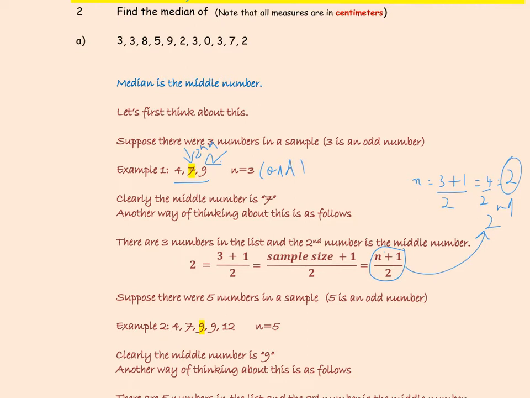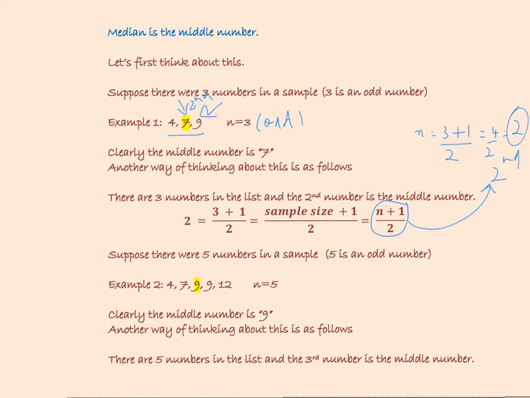Now let's see if the same logic works for the next example. Here we have an example of a data set with 5 numbers. 5 is again an odd number. So when there are just 5 numbers, it is easy to identify the middle number, and clearly the middle number is 9.